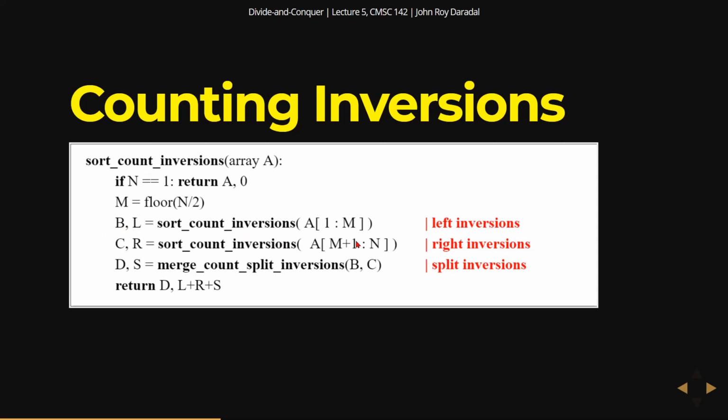And then do the same for the right half. And then we'll merge and count the split inversions using the sorted left and right arrays. D would be the merged version, and S would be the split inversions. So we get the left inversions, right inversions, and split inversions, and then we'll total them up. So we'll just piggyback on merge sort, and in the process uncover the split inversions.